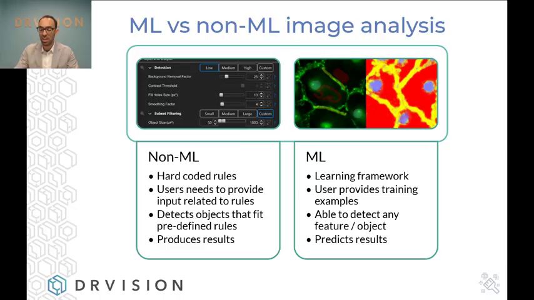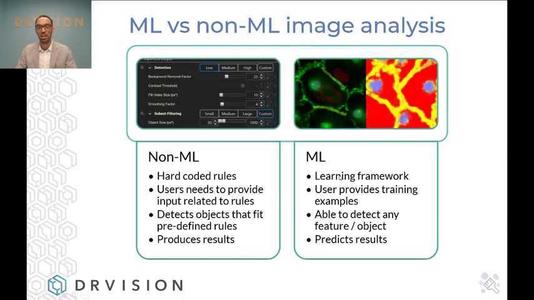So with machine learning, what the software or our algorithm engineer will do is create a learning framework, which has enough capability to extract the key information from the images without having hard set rules.